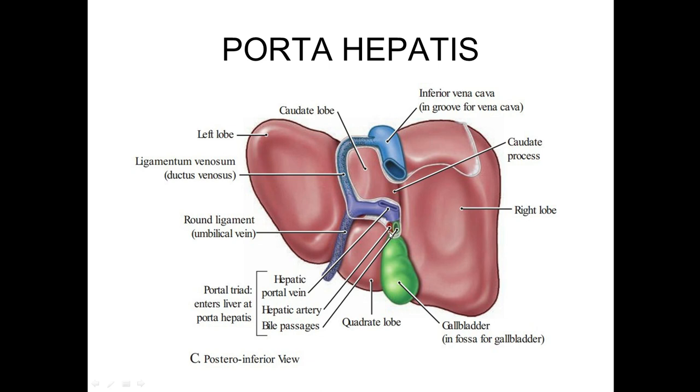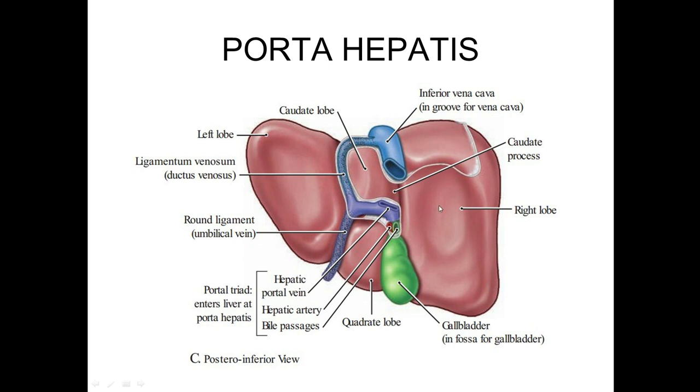In fact, it is known as the portal triad, and the structures which constitute it are the hepatic portal vein, hepatic artery and a bile duct. So these 3 structures constitute the portal triad.